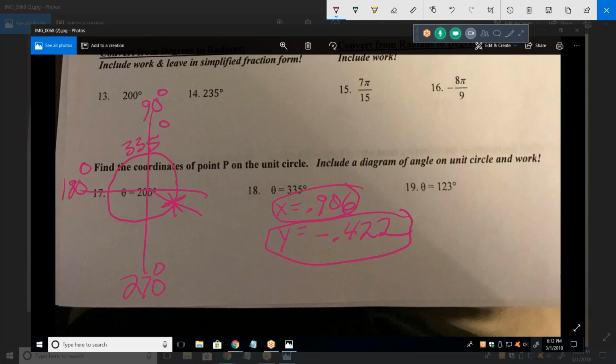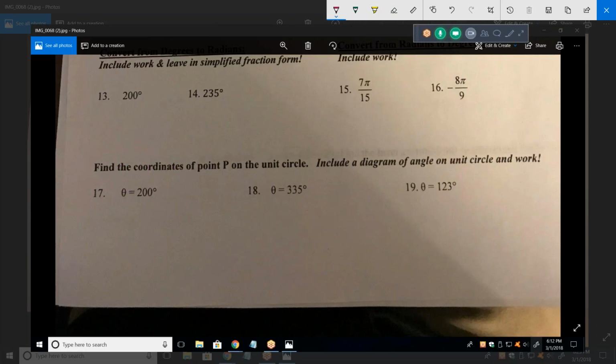Okay? One last, 19. Again, I can draw easy enough because I know that's 90 degrees and that's 180 degrees. So it's got to be about there. Okay, now I put my unit circle around it. What are the coordinates of that point right there?